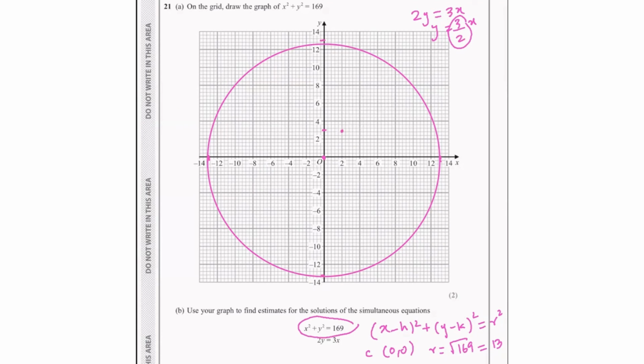So if we draw a line based on this, yep, that's your line, 2y equals 3x. The intersection points between the circle and the line give us the solution.